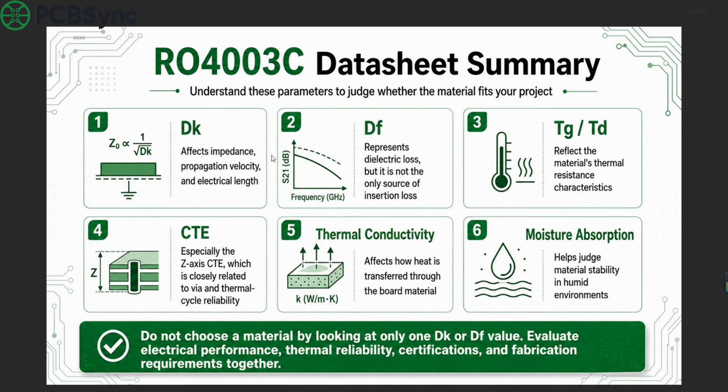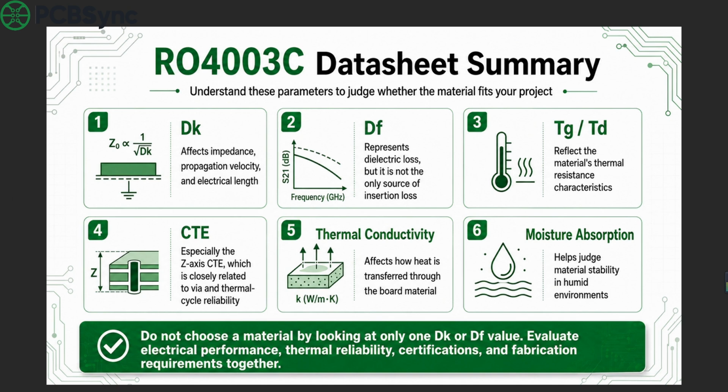So, to summarize, DK affects impedance, propagation speed, and electric field strength, while DF reflects dielectric loss, but it is not the only source of insertion loss. TG and TD reflect the material's heat resistance. CTE, especially Z-axis CTE, is closely related to the reliability of plated through holes and temperature cycling.